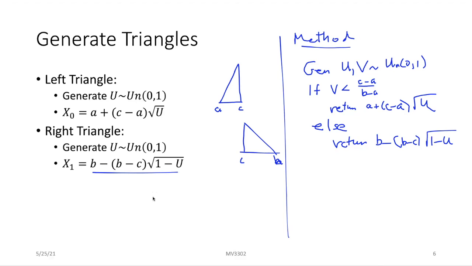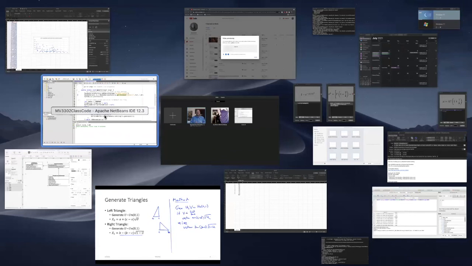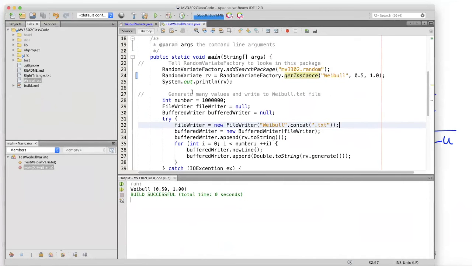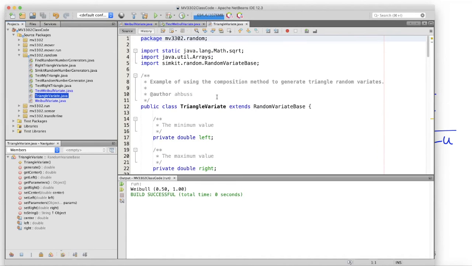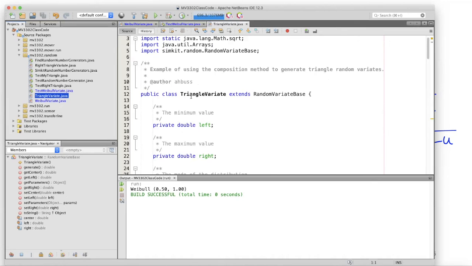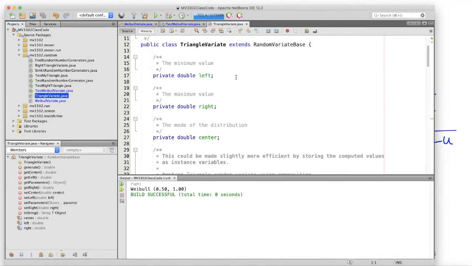Okay, so now to that end, we have a triangle variate that uses composition. And this, again, has been pushed there. There are 3 parameters: I want the left, the right, and the center.